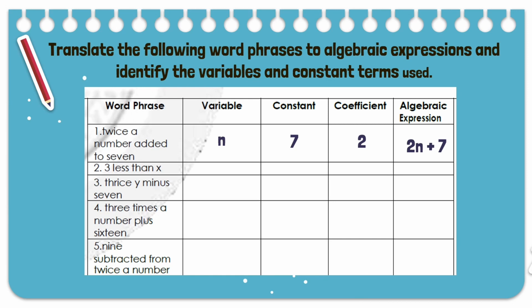Okay, next, number 2. 3 less than x. So, if we are going to express this or translate this into algebraic expression, this will become x minus 3. So, ang ating variable dito is x, then the constant is negative 3, and ang ating coefficient is 1.